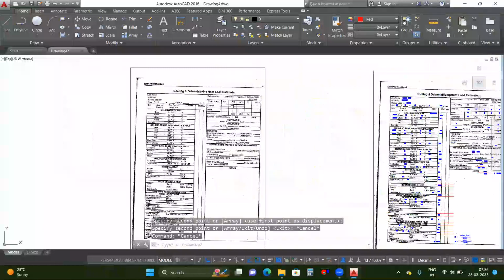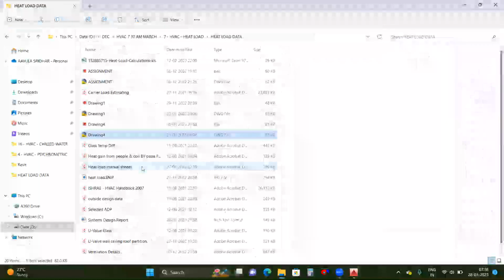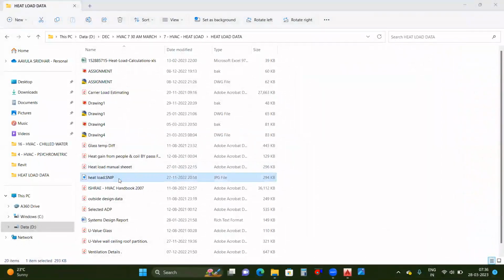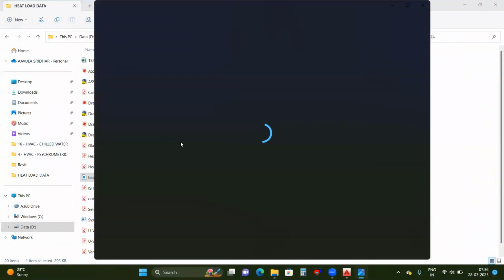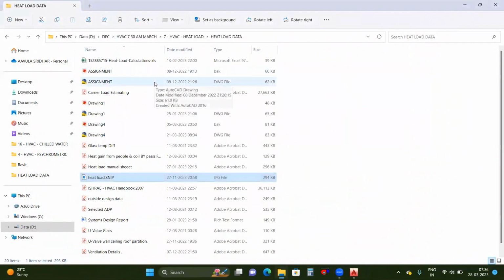Okay, this is our manual heat load calculation sheet, which we have seen in our last class. After this class, I will share this. You can take a printout, and whatever we complete day by day, you can practice on this heat load sheet. I will share the assignment today.